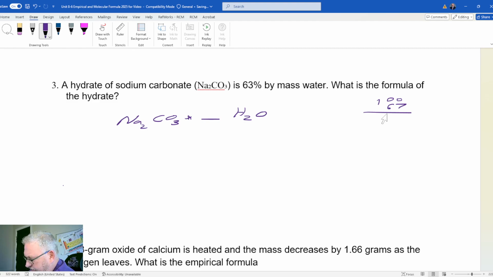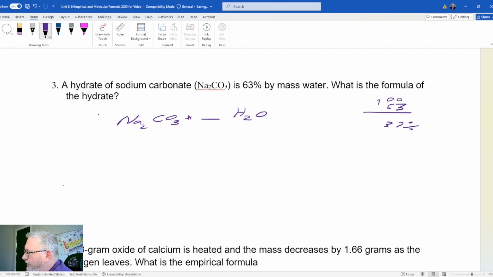That means 37% of the rest of the mass is sodium carbonate.